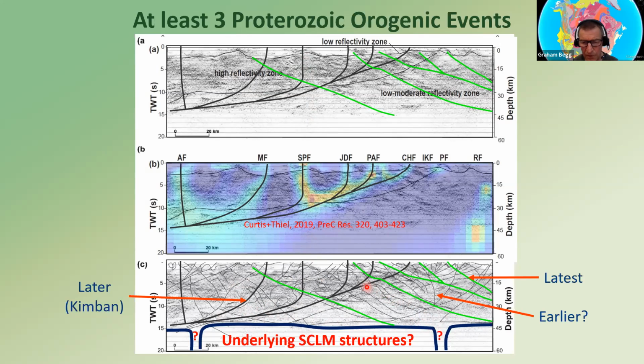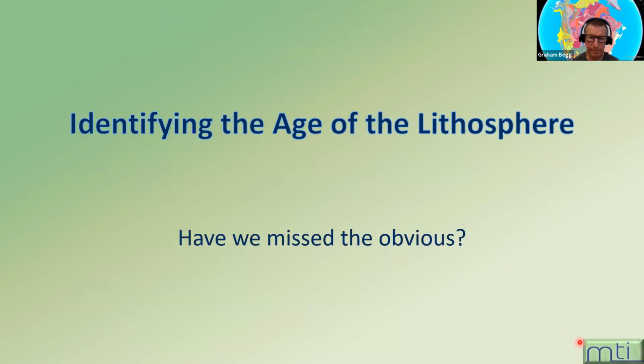These small black lines would seem to be the oldest structures, either late Archean or early Paleoproterozoic. And then we have this second set of structures, the Kimban orogeny inversion, and then we have these green structures, which are a later Neoproterozoic orogenic event.